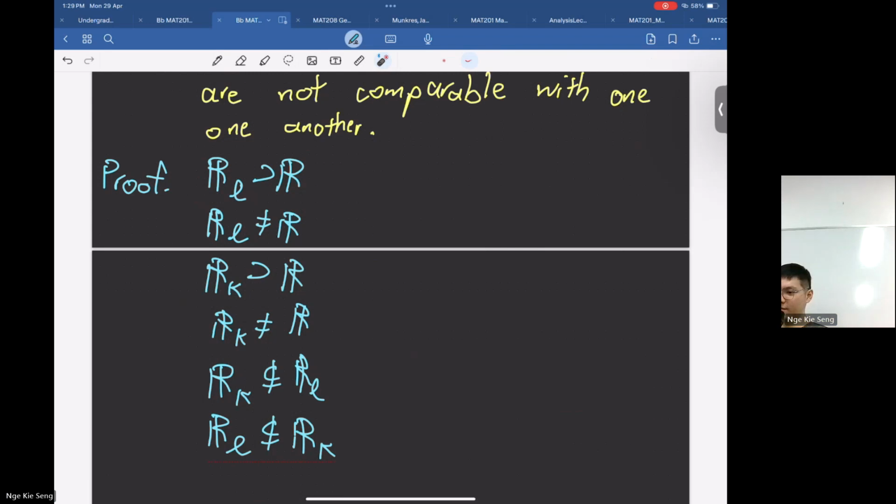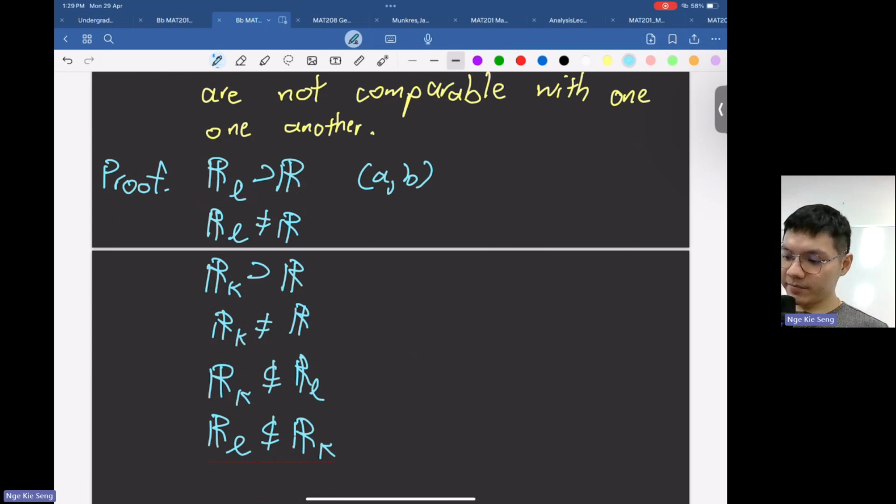So the basis element in R is what? (a, b), right? Is this an element in R_L or not?